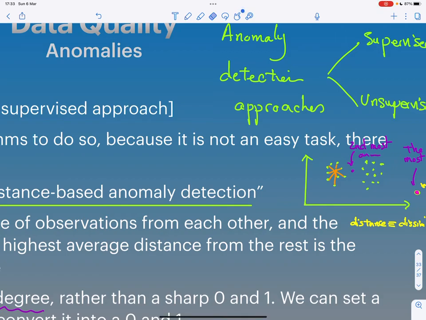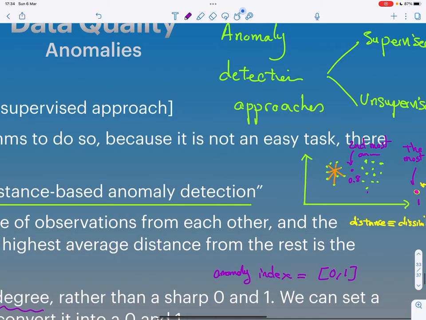We can even define a range, let's say between 0 and 1, and then say that this is 1, this is probably 0.8. We can call it an anomaly index. We can define it something like this, okay? It is 0. And for instance, for this one, it is 0.5, for this one 0.3, and so on and so forth.